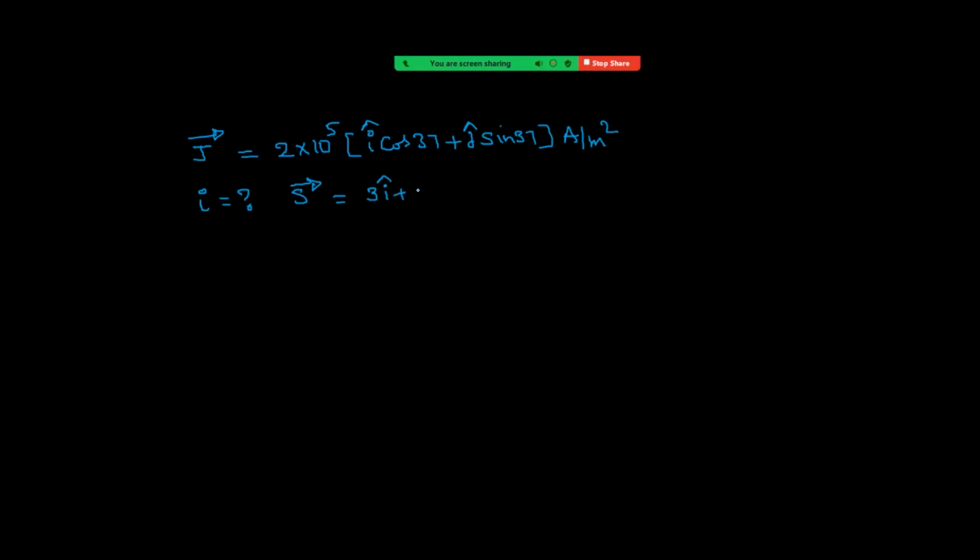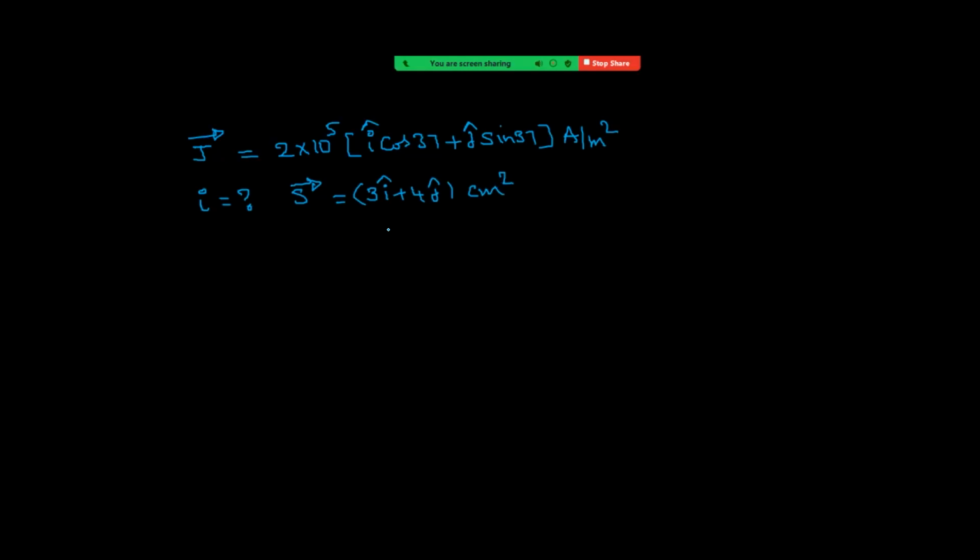So first write down the given data. J bar equal to 2 10 power 5 I cap cos 37 plus J cap sin 37 ampere per meter square. We have to find the current, and S bar is given as 3 I cap plus 4 J cap centimeter square.